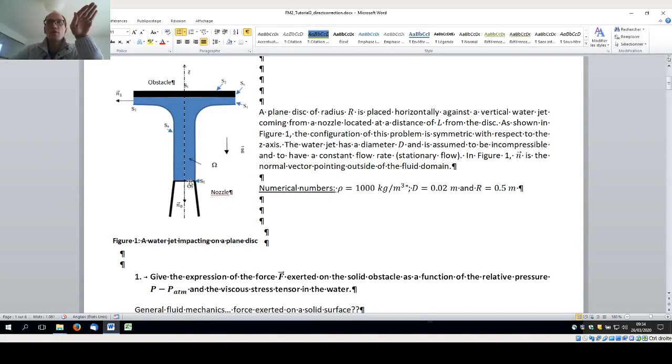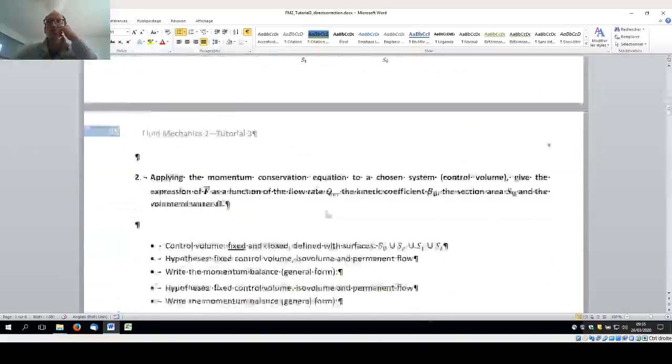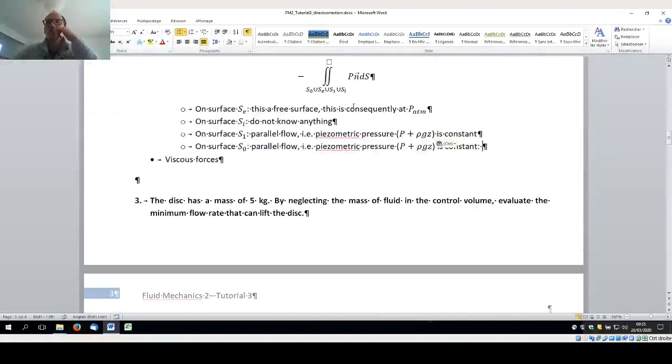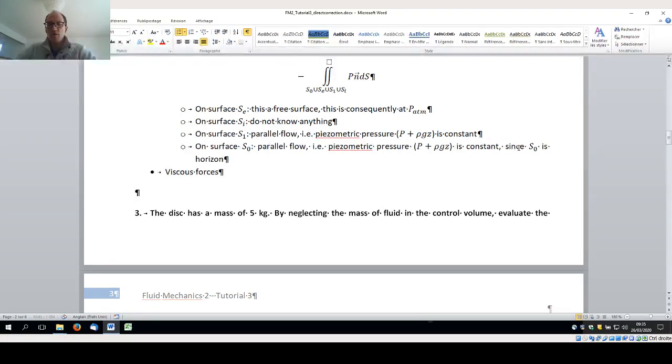So on section S0, piezometric pressure constant tells you that since S0 is horizontal, pressure is constant in S0.